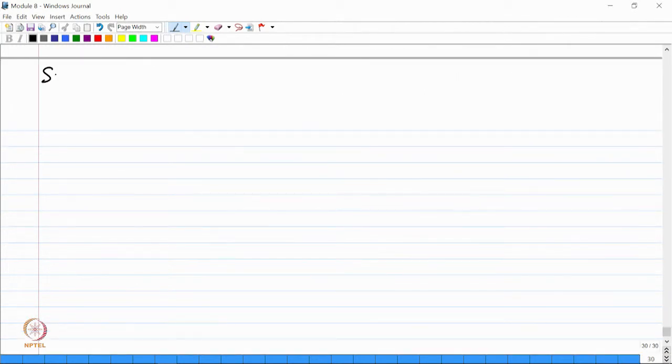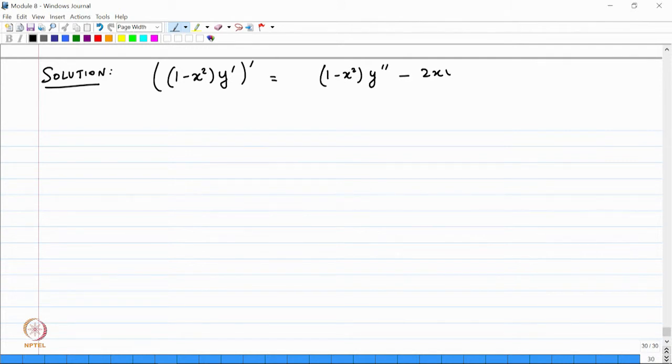To do this, if I take (1 minus x squared) y prime, the whole prime, this is equal to (1 minus x squared) y double prime minus 2x y prime.